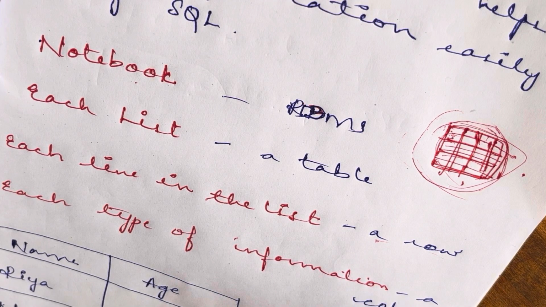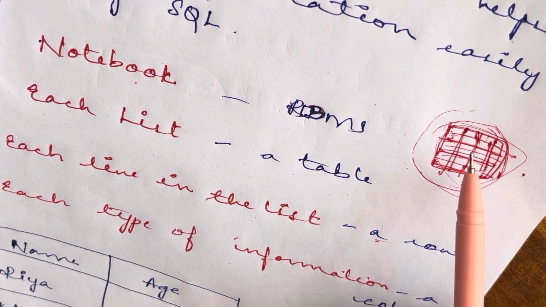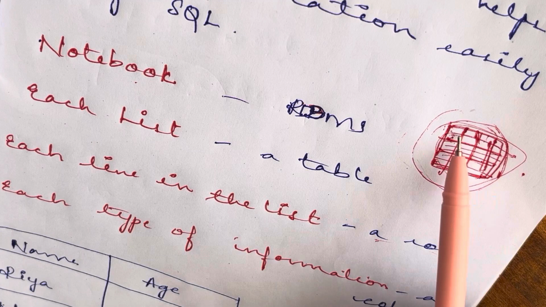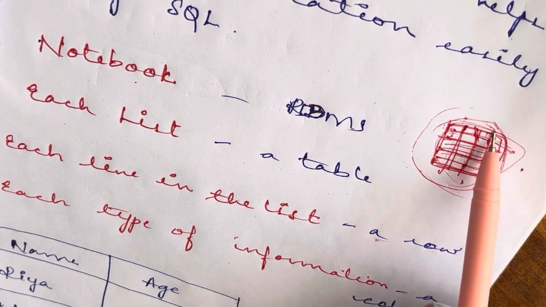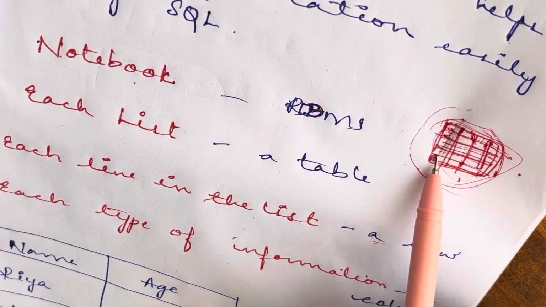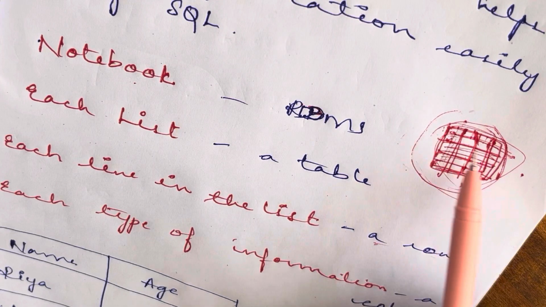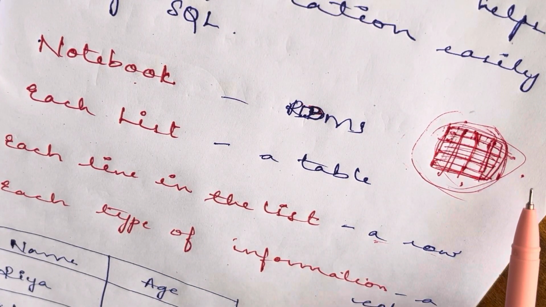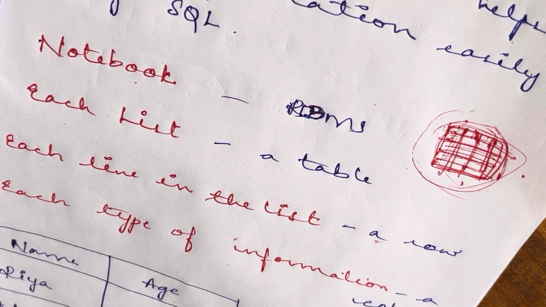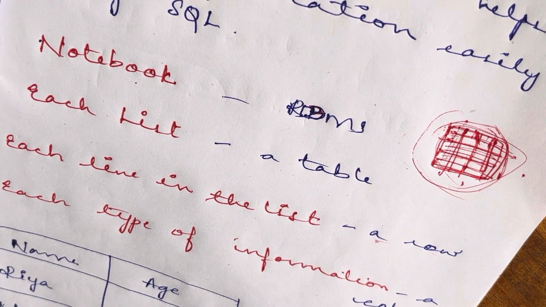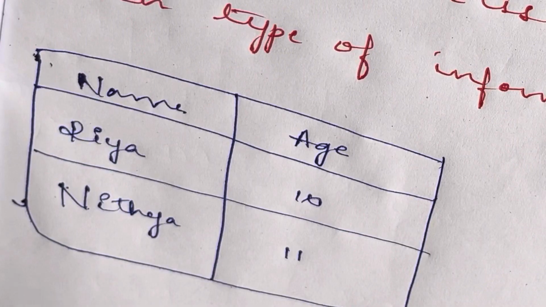So when you're storing information in a table, you have rows and columns. Each column will have different kinds of information. This is the simpler way to understand what a relational database management system is.